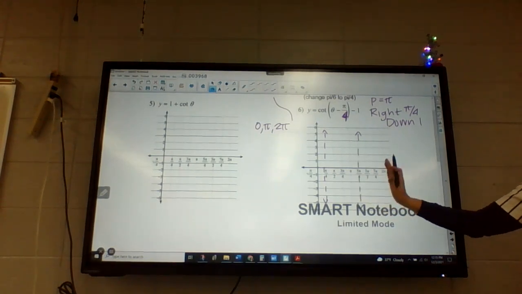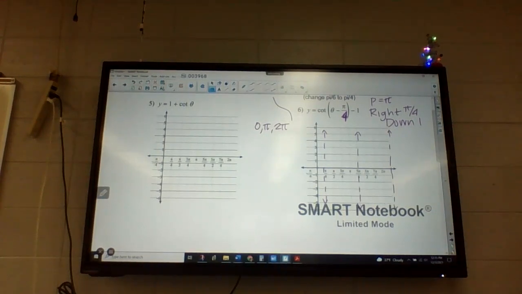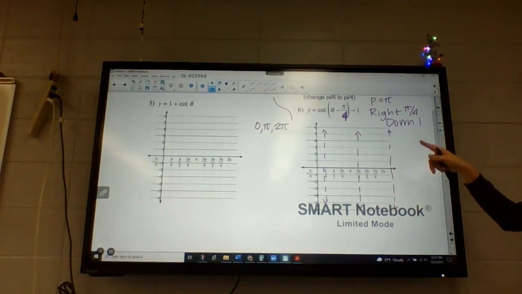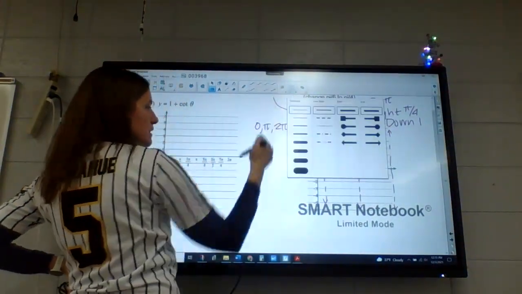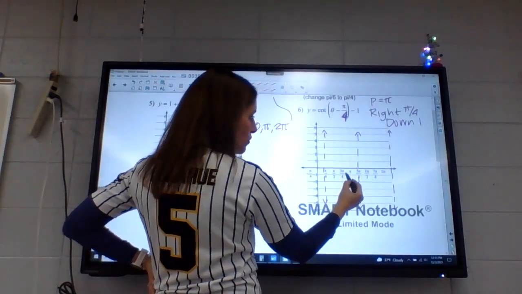There's normally one at 2 pi, we move over 1 if you want to put one there. Now, cotangent goes downhill between these, but it's got to be shifted down 1. Normally it crosses in the middle at 0, so we just shift down 1.